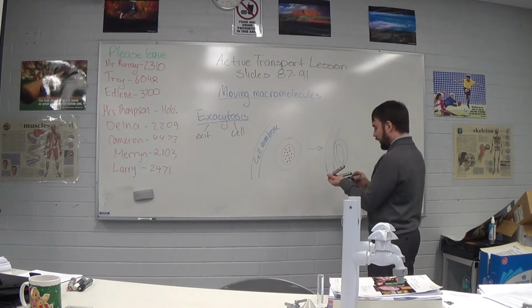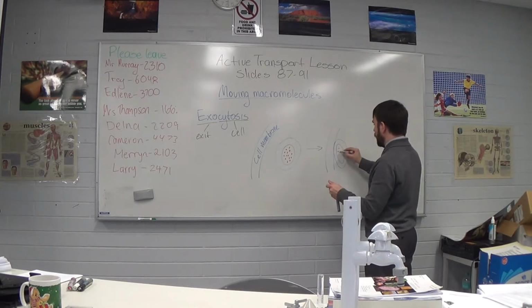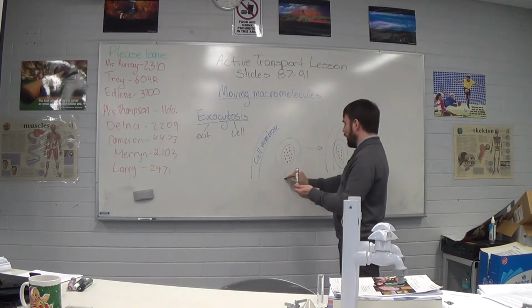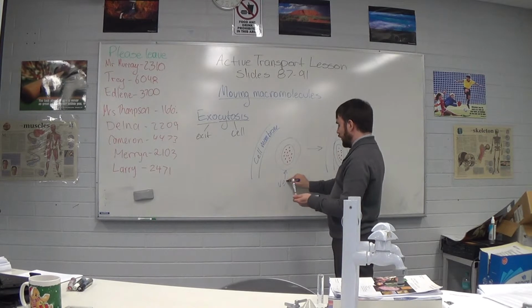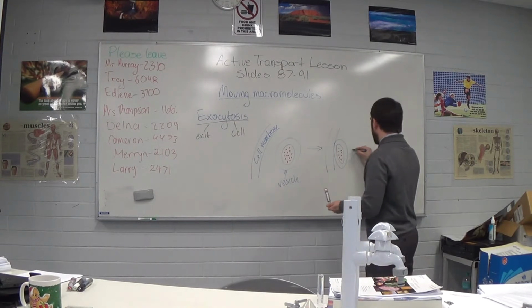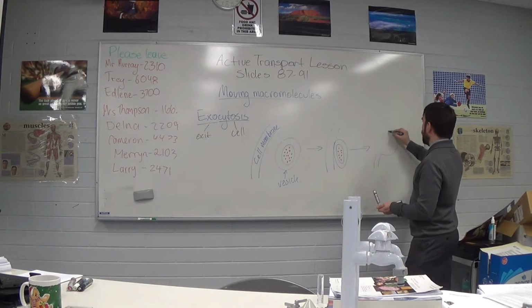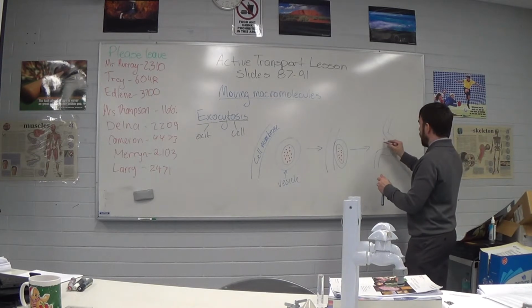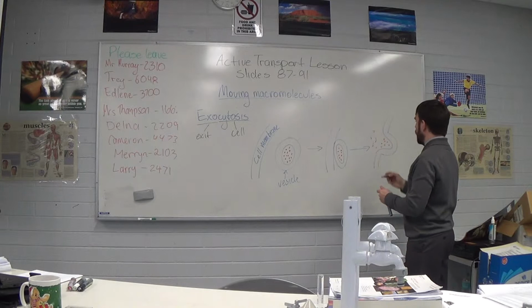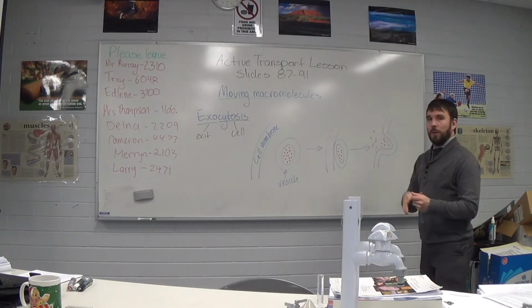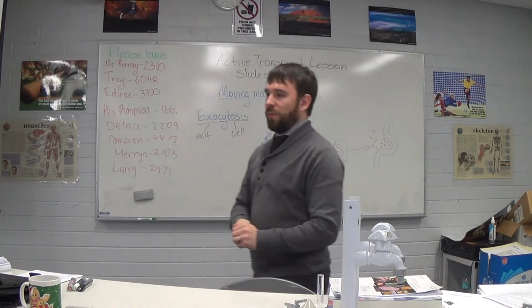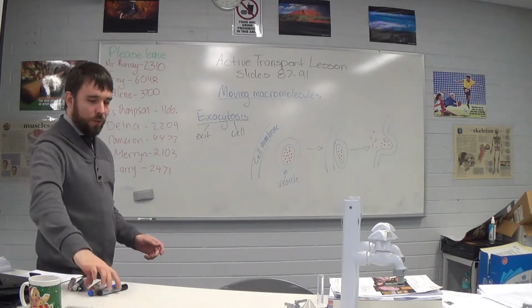So the vesicle itself attaches to the cell membrane. And when it attaches, the cell membrane actually changes shape to fuse with the vesicle, and then the contents of the vesicle are ejected into the extracellular fluid.